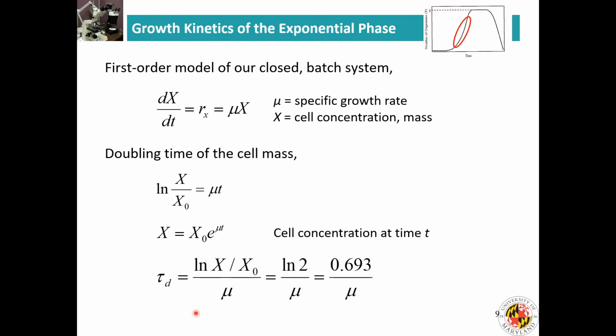And if we rearrange these parameters, we easily get here. And as you know, x over x naught is 2 because we are calculating the doubling time, and tau d is basically the doubling time. So doubling time and generation time are the same. It mostly depends on what parameters you have.